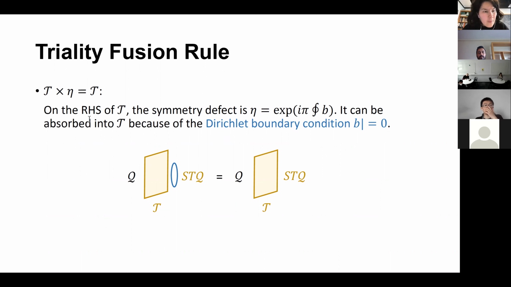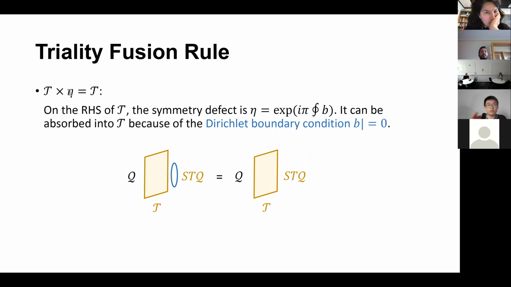Okay. So now we can also talk about fusion rules that involve the triality defects and the symmetry defects. So symmetry defects is a surface, and triality defects is three-dimensional objects. So when we fuse them, that just means that we want to push the symmetry defects on the triality defects. So let's consider first fusing T with eta.